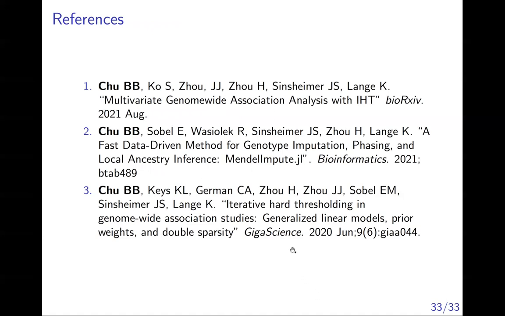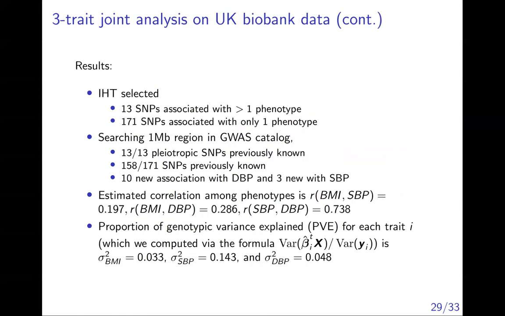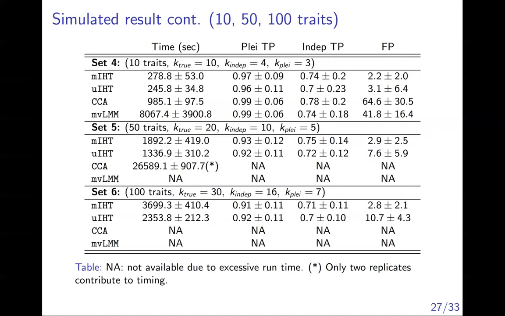Wait, I had a quick question. If you can go back to your results, this is your final project, your nice simulated results table. You can stop at this one.